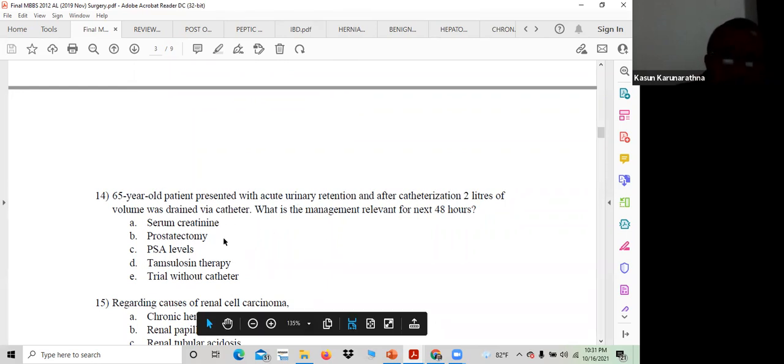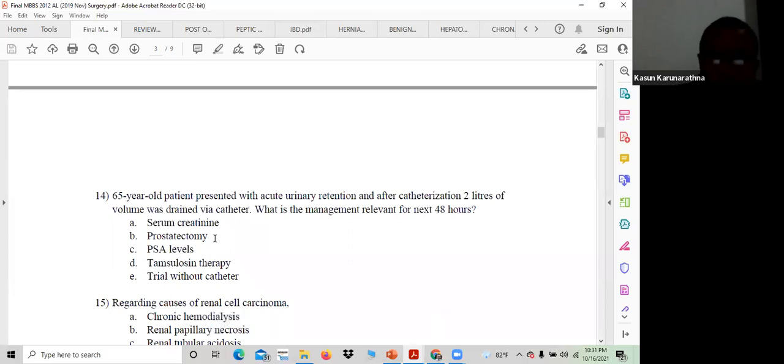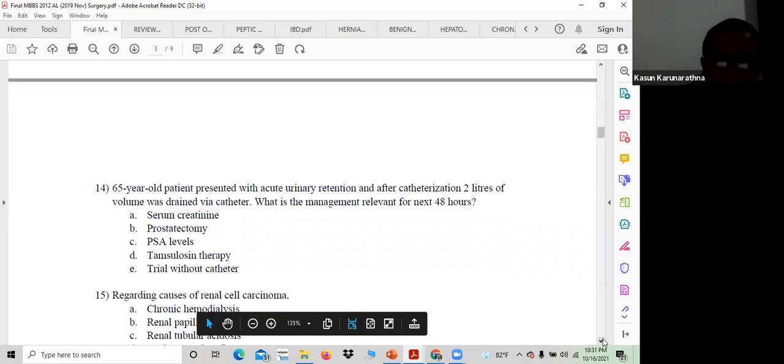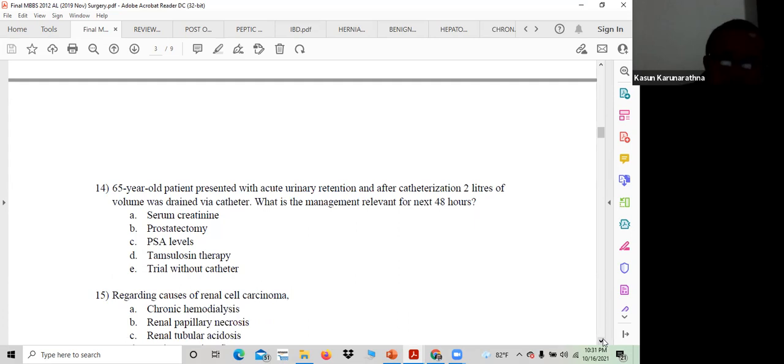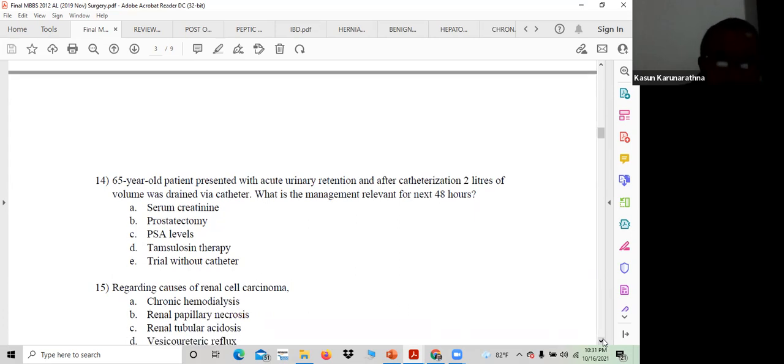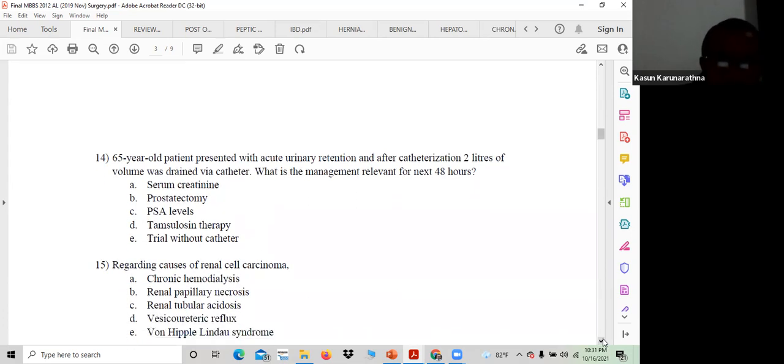You manage the retention, then evaluate, right? PSA levels, again, not in the acute setup. After catheterization and DRE, you get high PSA levels, so you should wait until the acute episode settles. After 2-3 weeks you should do the PSA, right? Not in the acute setting.